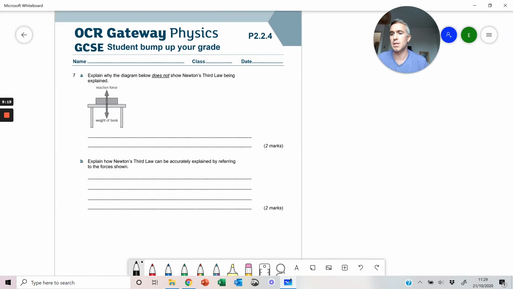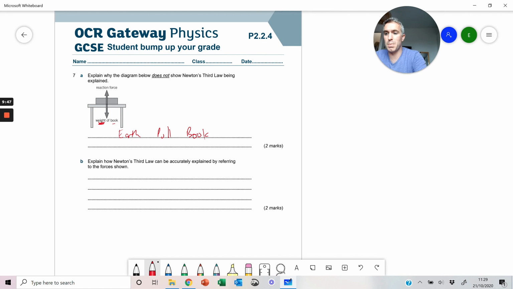Explain why the diagram does not show Newton's third law. It does not show Newton's third law because it's not object A exerting force on object B. They're two different forces and they're both on the book. So it's not the paired force. The weight of the book is basically the Earth pulling the book.